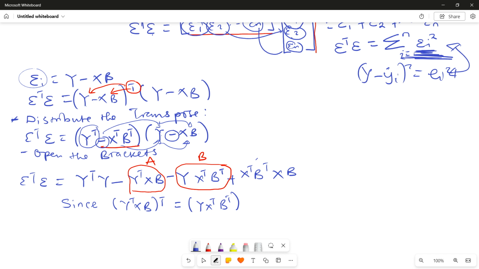They are transposes of each other, which means there is a relationship existing between term A and term B.